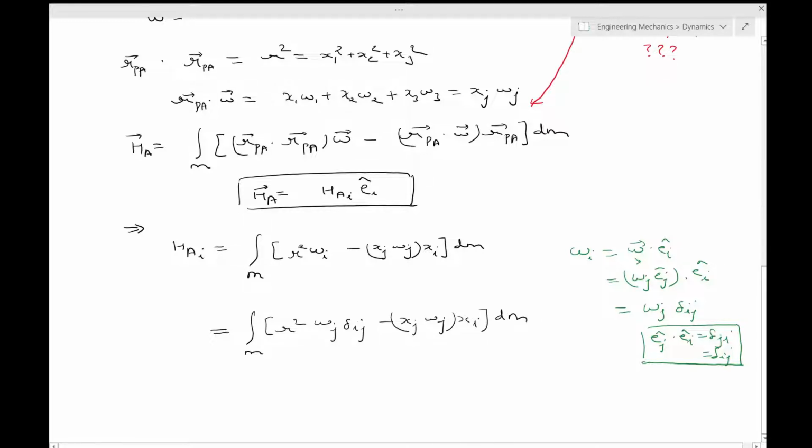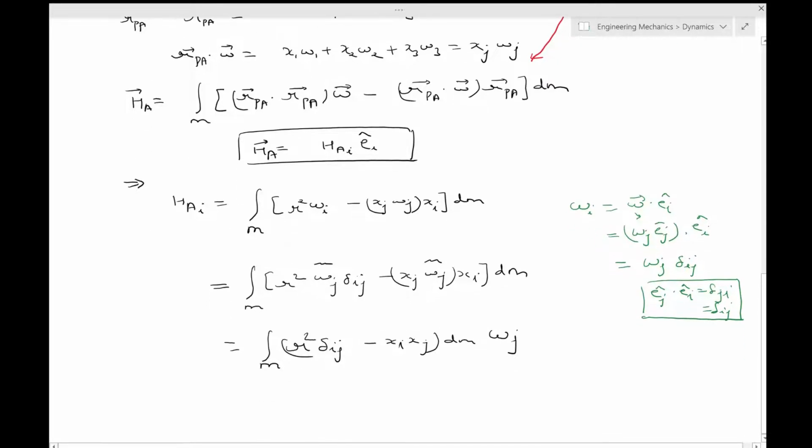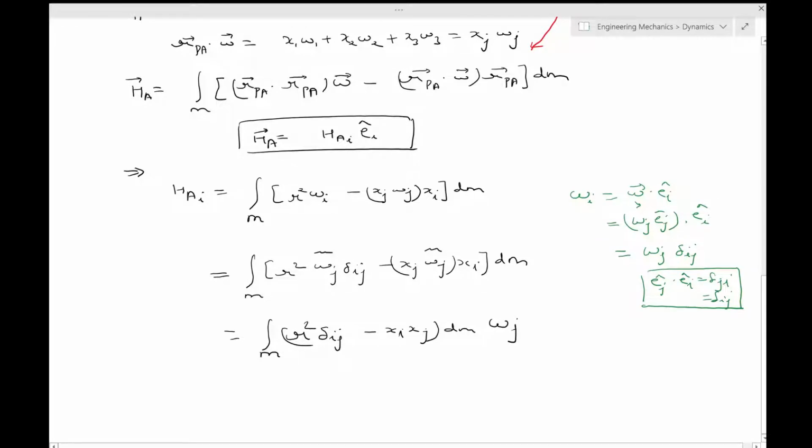Now the reason we were doing all this was so that we could take this omega j out of it. So that would mean you have r square delta ij minus xi xj dm into omega j. That's the only reason we had done this. Otherwise it would have been difficult trying to simplify it further.